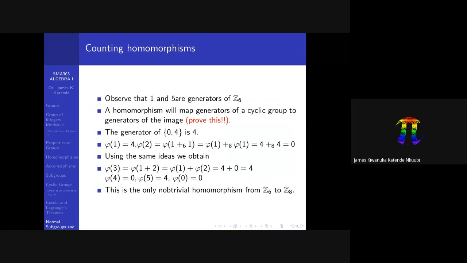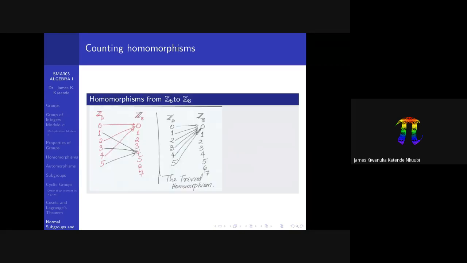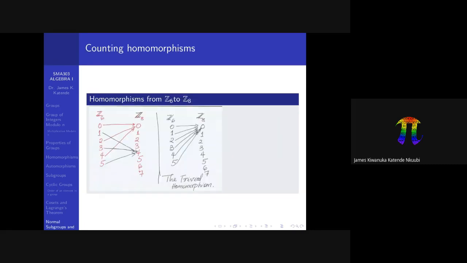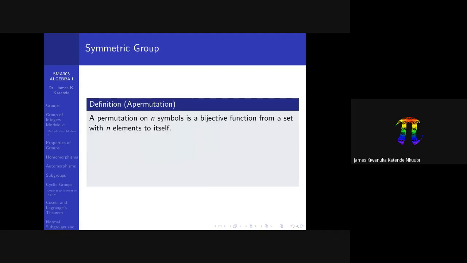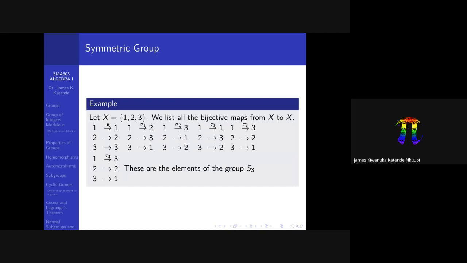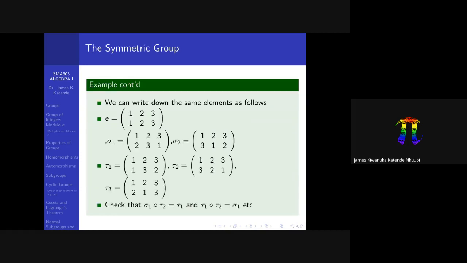Can we have some questions? The next one is this new topic, we call it the symmetric group. I'm thinking maybe this is a good place to stop.